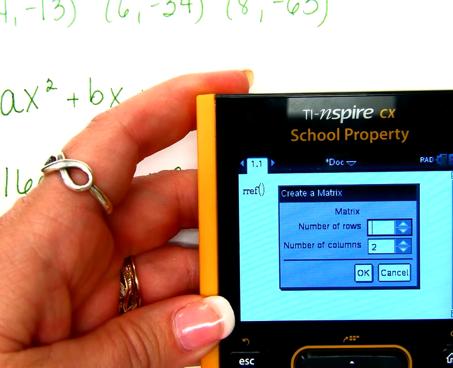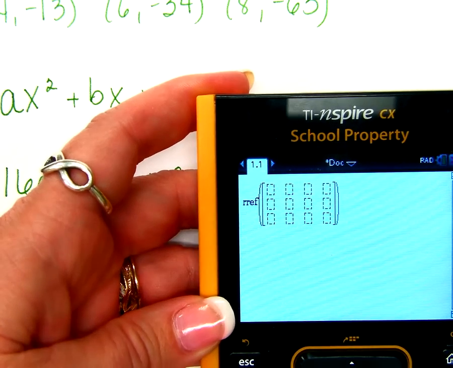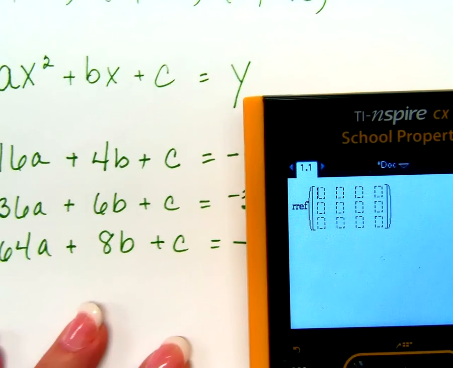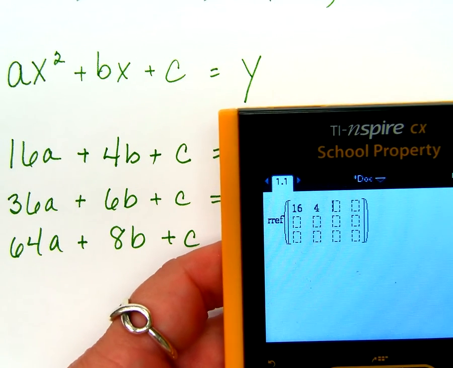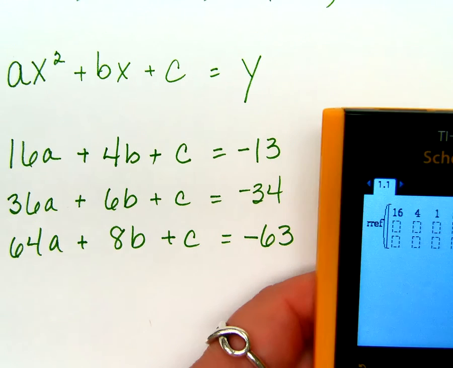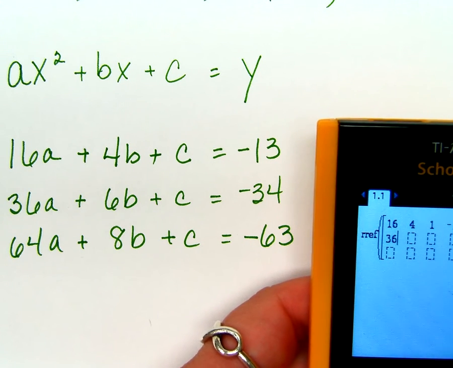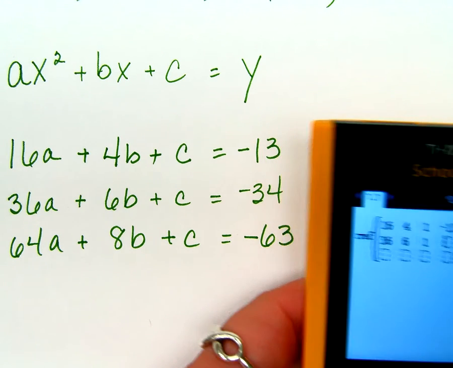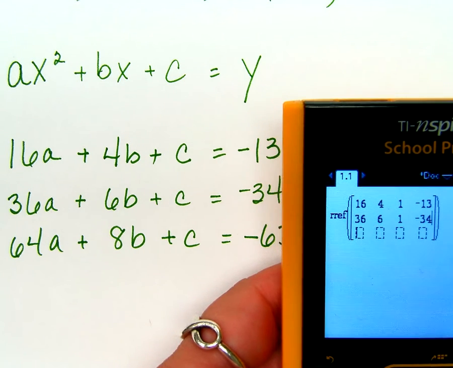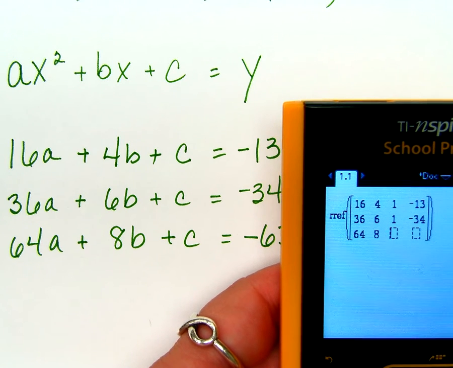How many rows are there? 3. How many columns are there? 4. Now I just got to put in my numbers, right? 16, 4, 1, negative 13, 36, 6, 1, negative 34, 64, 8, 1, negative 63.